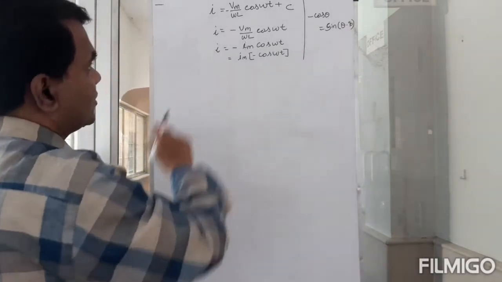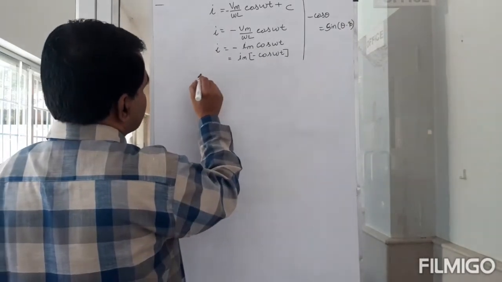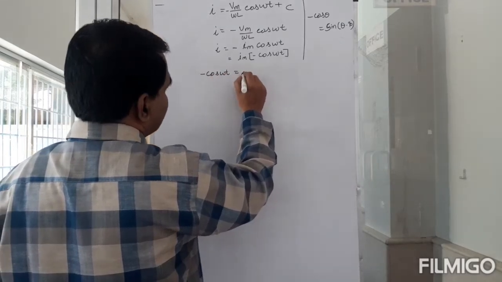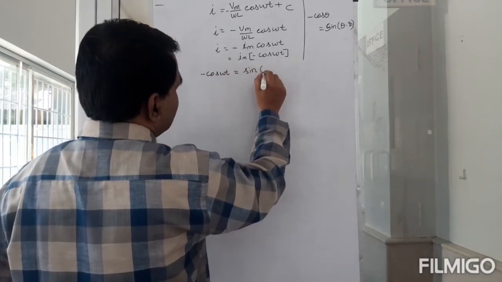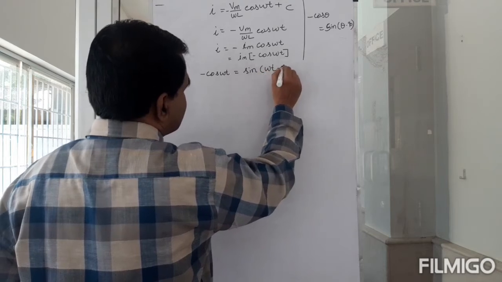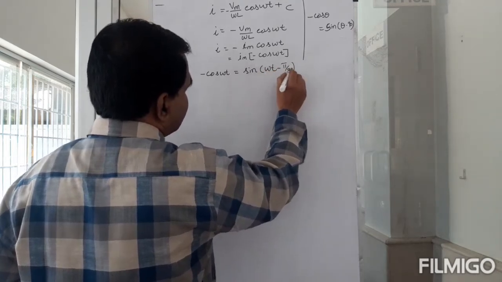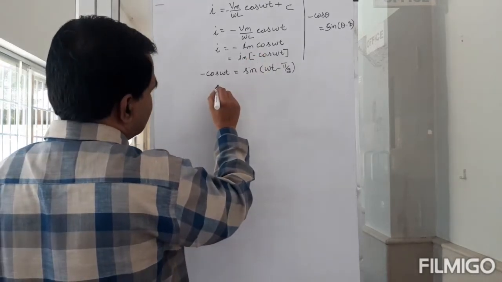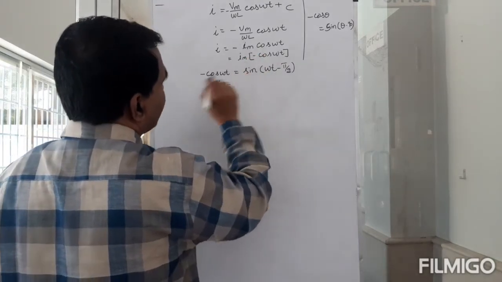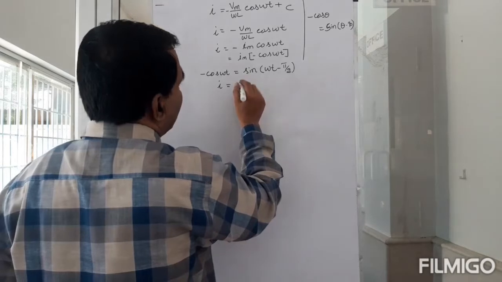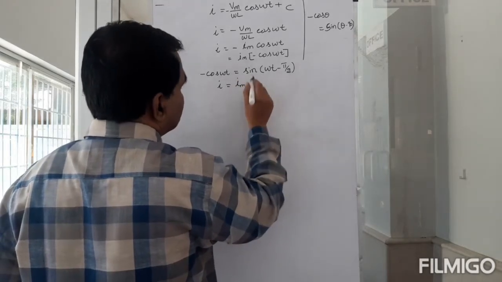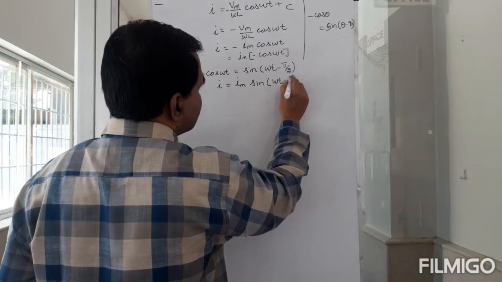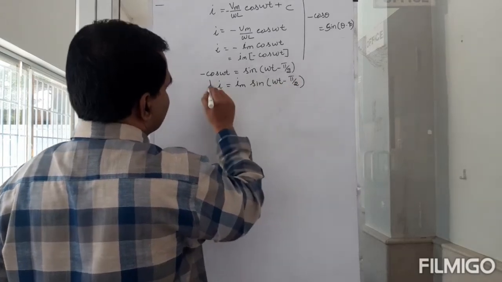That is what I'm going to use now. So minus cos omega t must be equal to sin of omega t minus pi by 2. I'm going to use this in this expression. So my I now becomes Im sine of omega t minus pi by 2.